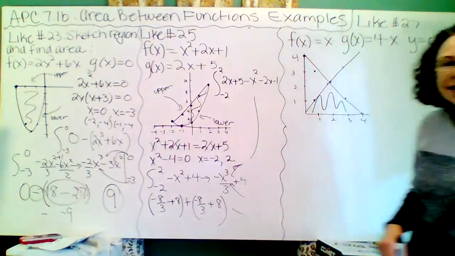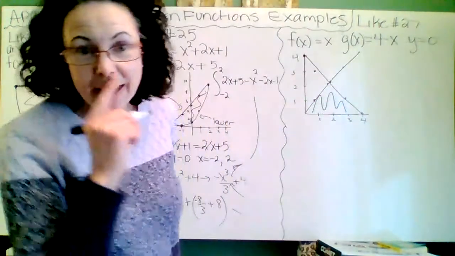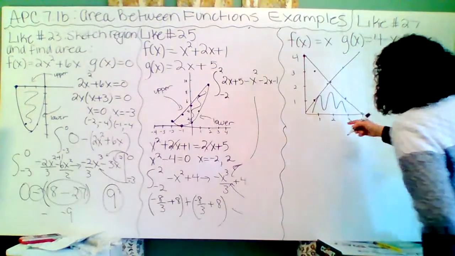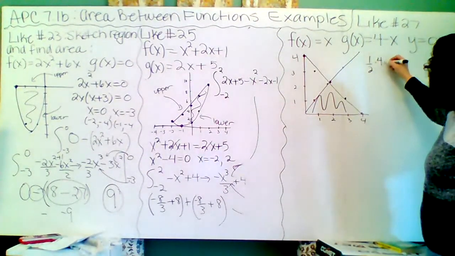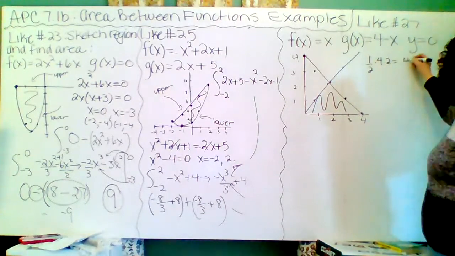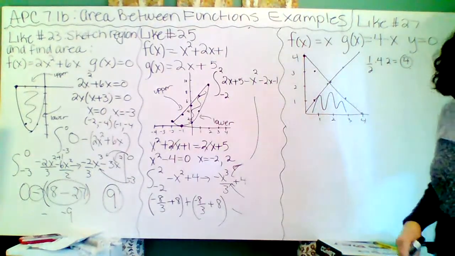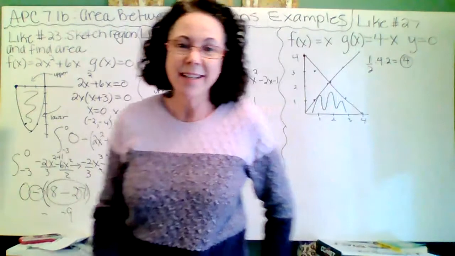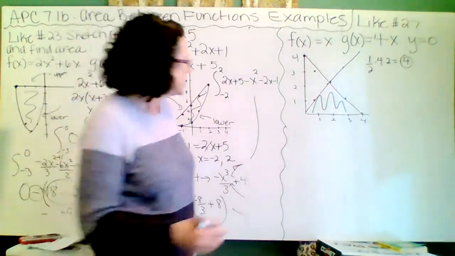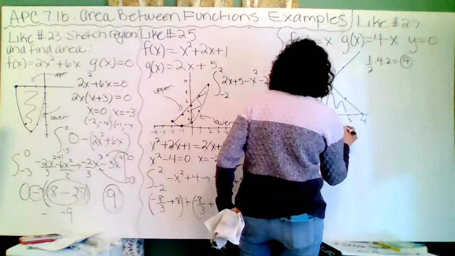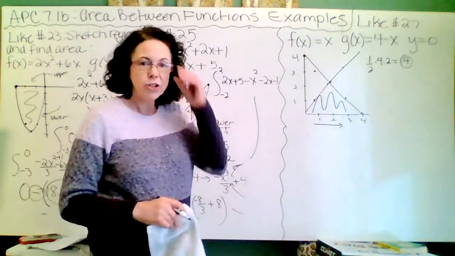Now, because it is a triangle, I can find this area, right? It is a triangle. It has 1/2, the base is 4, and the height is 2, right? So we should get a 4 out. But for the purposes of learning to integrate, wow, let's integrate. So notice as you go left to right that the upper and lower function changes.